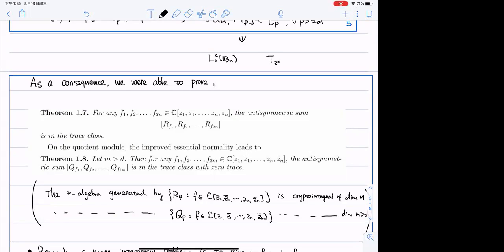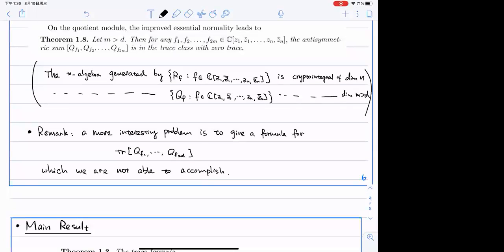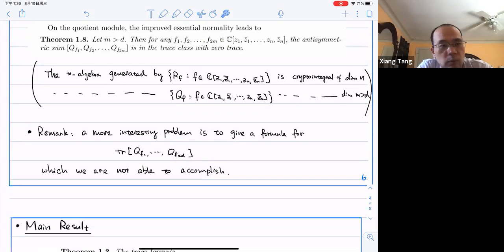Once you establish a trace formula for these monomials, you can go ahead and prove the general trace formula, but there's no such thing for subvarieties. Do you have any thoughts on how to obtain a formula for this one? Maybe we can talk about it afterwards.